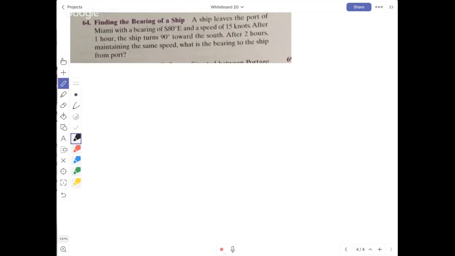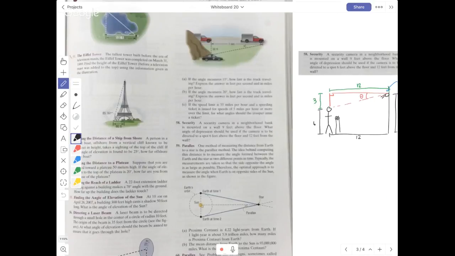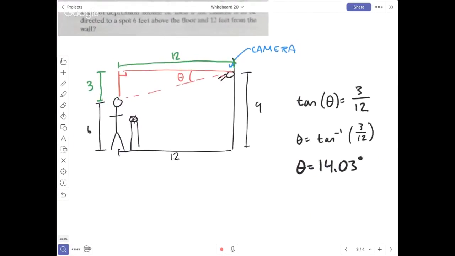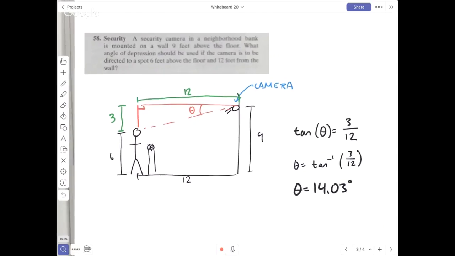Shiva is asking me a question. Let me go back. Shiva is asking me, isn't the 14.03 degrees above his head? This was the 14.03 degrees right there. It was how much should the camera be pointed down?